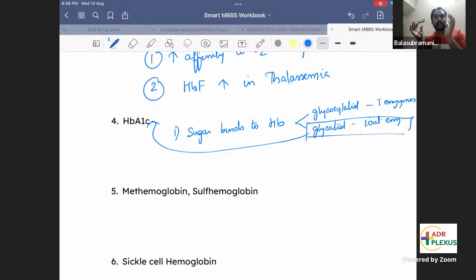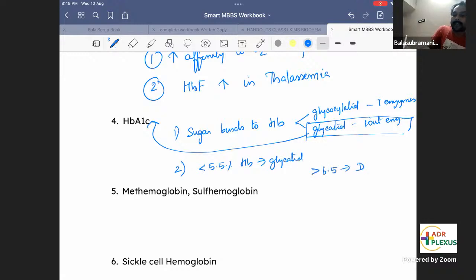So more sugar in the blood, then sweeter will be the RBCs, or more glucose will be there in the RBCs. Normally, less than 5% of the hemoglobin is glycated or has sugar. If it is greater than 6.5, it is diabetes mellitus.